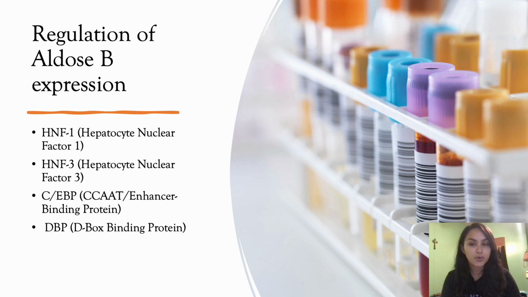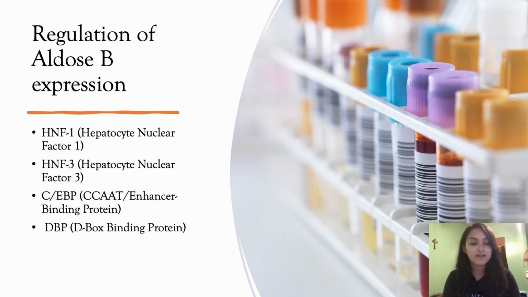It has been shown to directly interact with the promoter region of the ALDOB gene, which encodes aldolase B. HNF1 binding to the ALDOB promoter enhances aldolase B gene transcription and promotes its expression. The binding of HNF1 is essential for maintaining proper glucose homeostasis and hepatic carbohydrate metabolism.